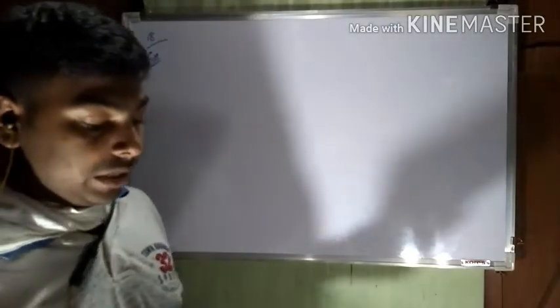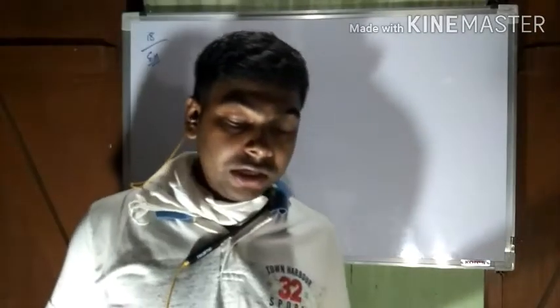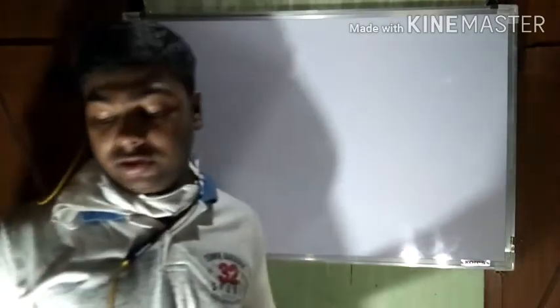Exercise question number 18 is: for a first order reaction, show that the time required for 99% completion is twice the time required for the completion of 90% of the reaction.